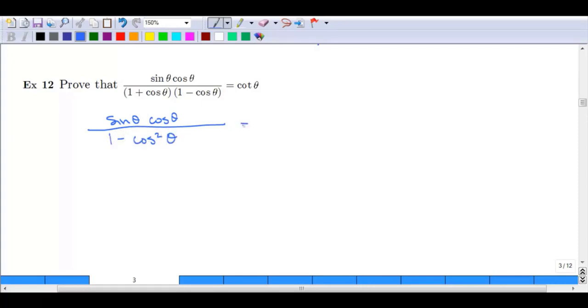So this gets us to sine of theta cosine of theta over sine squared of theta, again with that Pythagorean identity. This sine is going to divide with one of those sines, leaving you a 1 there. So you're left with a cosine of theta over a sine of theta, which again is cotangent of theta. And again, you could go through and work this with the x's and y's if you prefer.